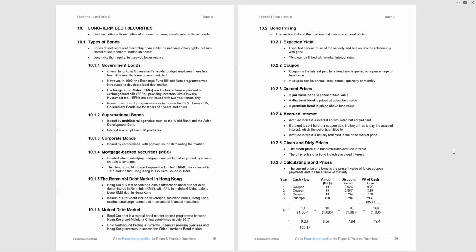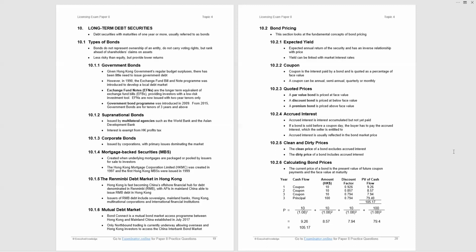Now, accrued interest. When you are holding a bond, it will be accruing interest. It only pays interest, let's say, every 6 months. So after 3 months, it's accrued 3 months worth of interest. If a bond is sold before the coupon date, then the buyer is expected to pay that accrued interest.